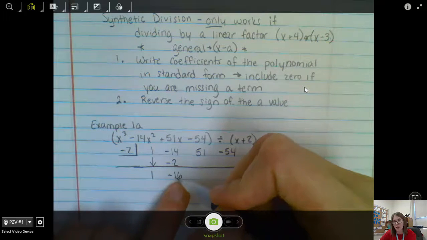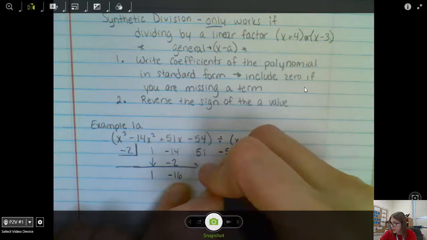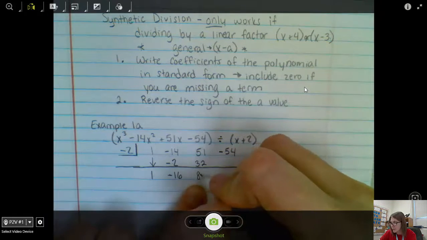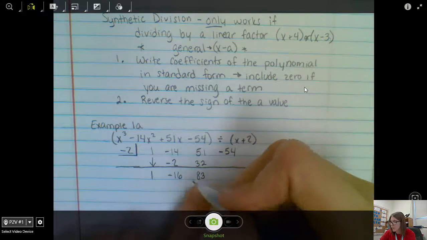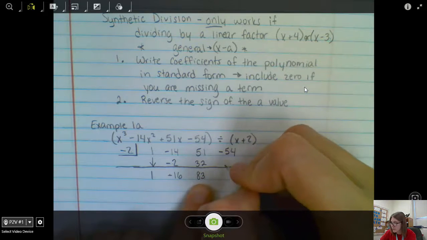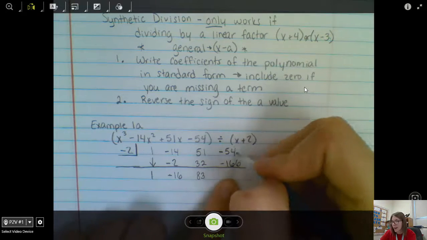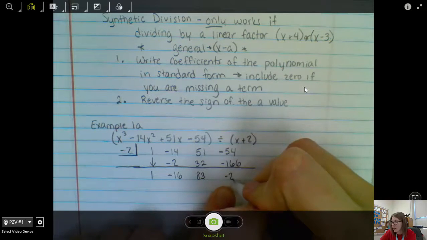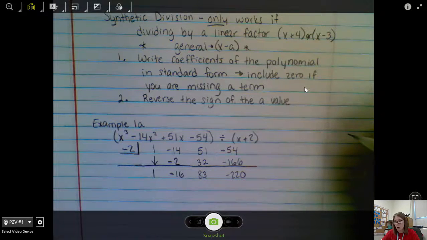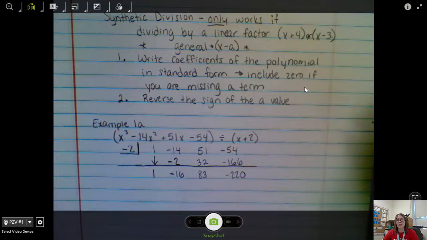We'll take this number times our factor, add straight down. This number times our factor, it's -166. We add straight down, we get -220. That's the nicest thing about synthetic division. We get to add straight down versus in long division where we have to subtract, and it's really easy to make mistakes with those signs.